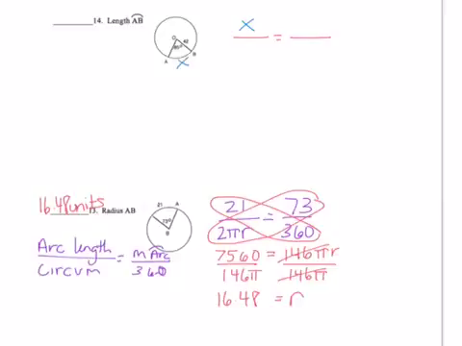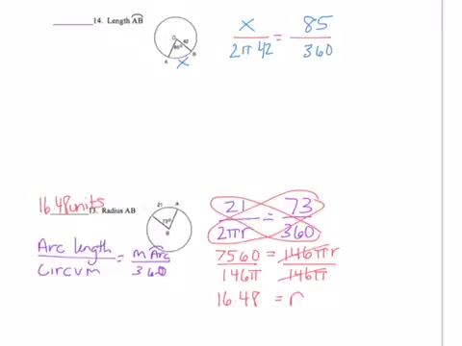I'm going to put an X here so we know what we're finding. Circumference I know is 2 pi r, 2 pi, and I know my r is 42 right here, so I'm going to put 42 in there, equals my arc measure, which is 85 over 360.